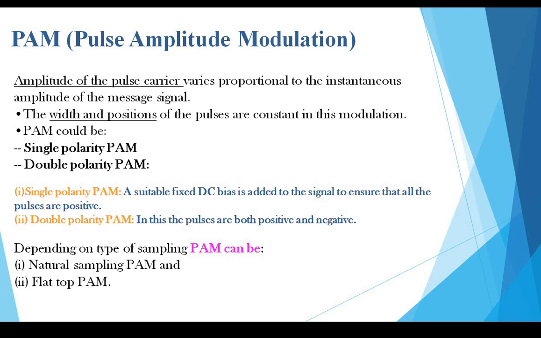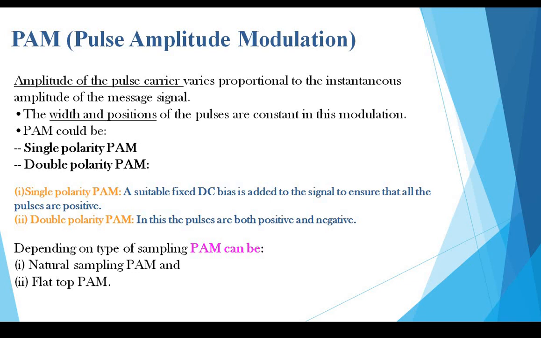So the amplitude of the pulse carrier varies in accordance with the instantaneous amplitude of the message signal. The only extra thing added is the pulse carrier. Both the width and the position of the pulses are constant. The width of the pulses will not change and the position of the pulses will not change either.